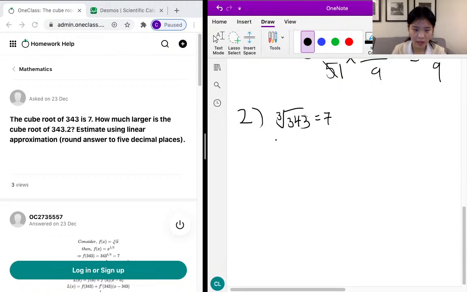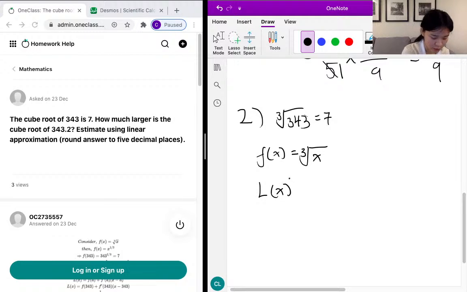So let's do this using linear approximation. It's calculus, and we need to find a function. Let's use the function, the cube root of x. In order to find the linear approximation, we need to use the formula, which is the preliminary knowledge we need in order to solve this question.